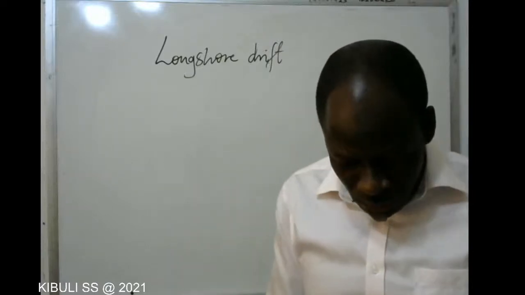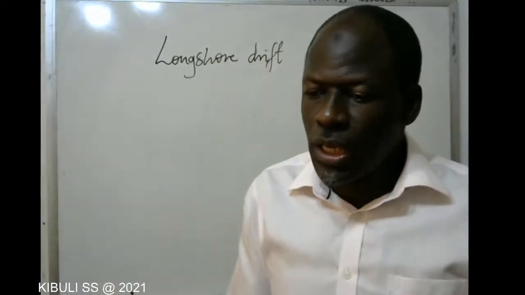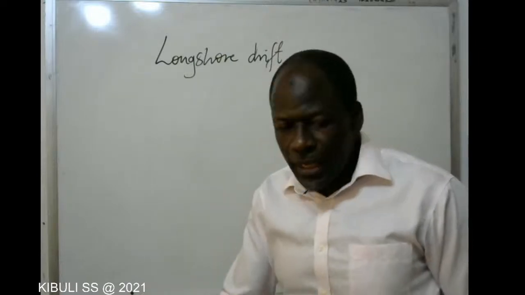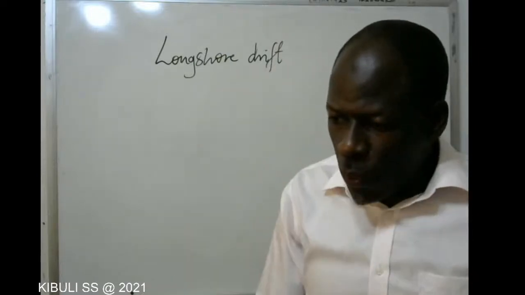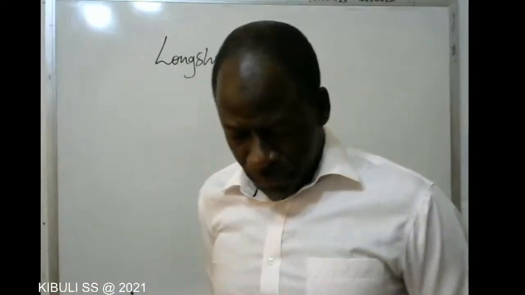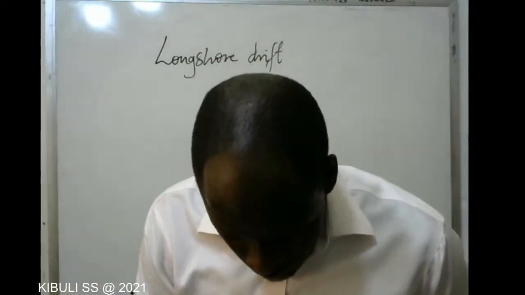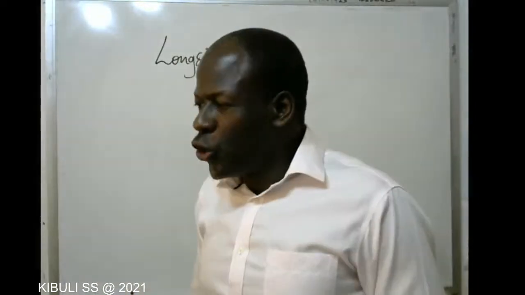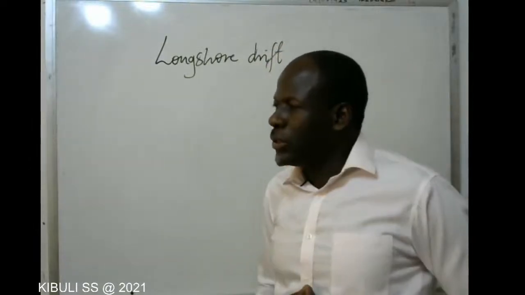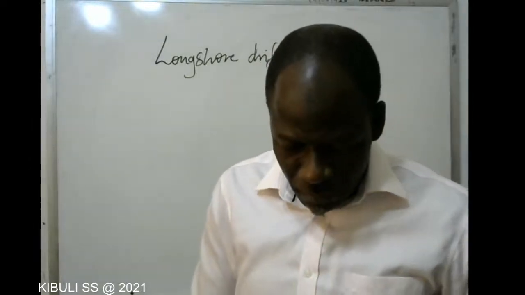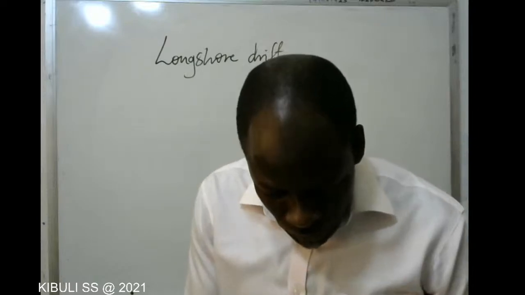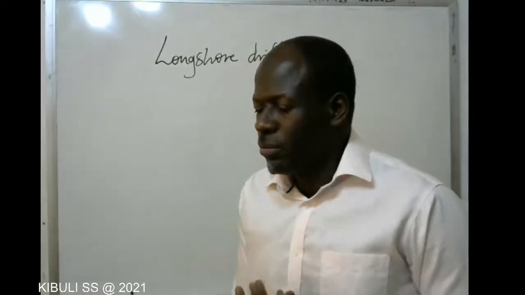In simple terms, longshore drift is a process by which waves carry materials to the coast. Now, as a result of this longshore drift process, the carrying of materials to the coast by waves, the following landforms will develop.